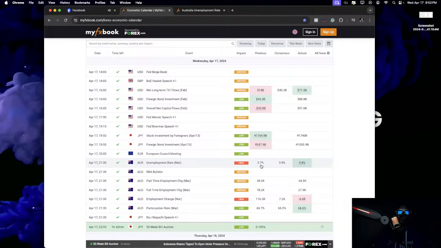This was the previous percentage, and this is where it is now. Their result was better than expected. When you see stuff like that, typically you'll see some type of bullish sentiment on the market around this particular pair. Now, the unemployment change is worse than expected.